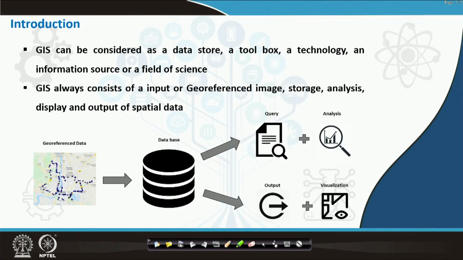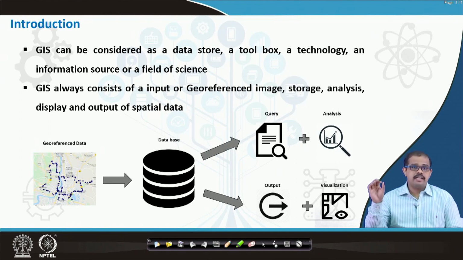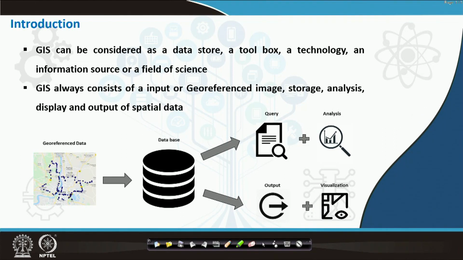Now, in the previous class, maybe in the first set of lectures or the second, I did define GIS as a data store, a toolbox, a technology, and the science behind the technology that drives the entire set of information to be stored and retrieved at any point of time.